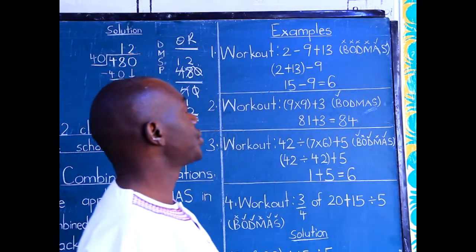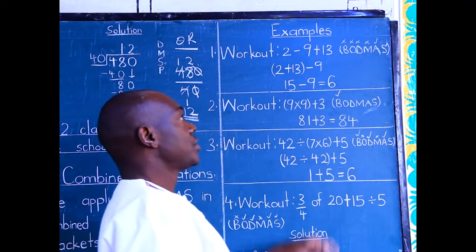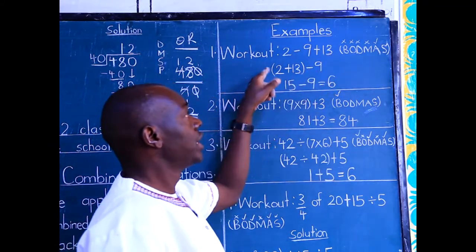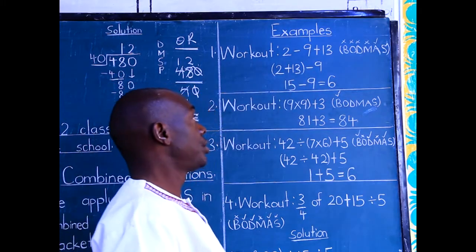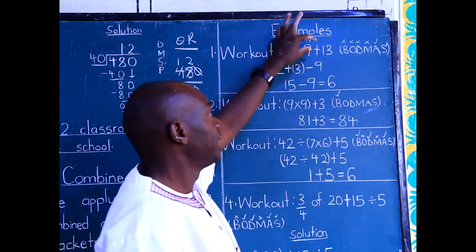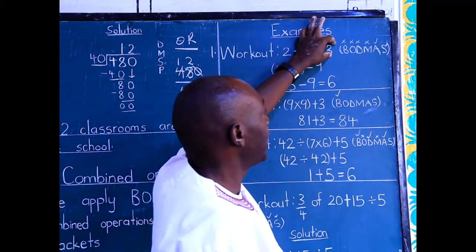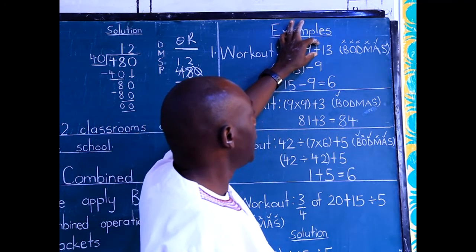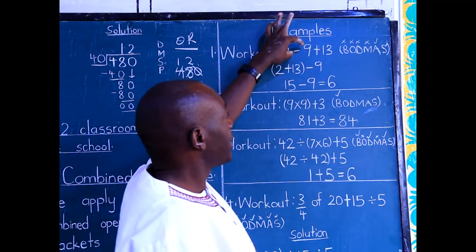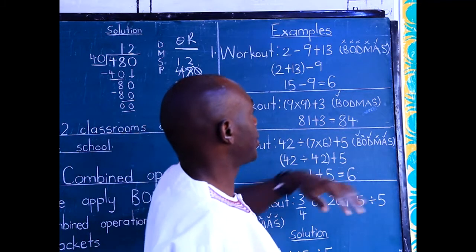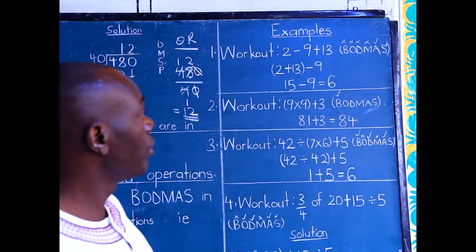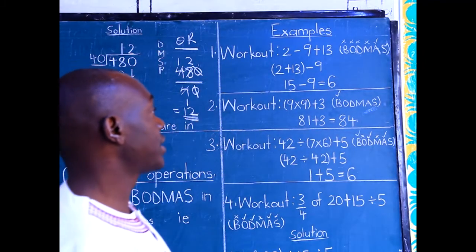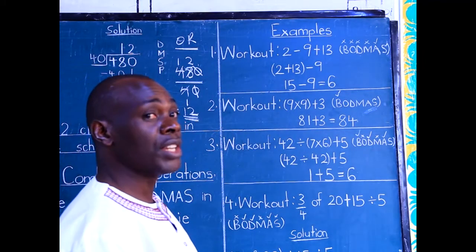Now, the question is, what is to be added? So, which of the 3 numbers, 2, 9, and 13, has got that plus sign of addition? It is 13 that's led by the plus here. Meaning, the one with minus will come last. And this is the only situation in the application of BODMAS that we are allowed to change the order.